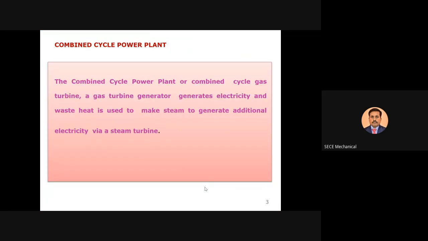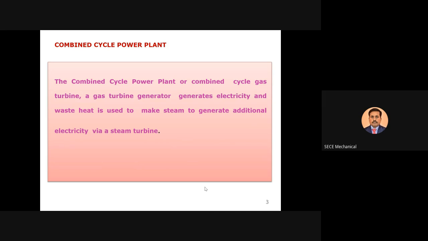You know very well there are two different types of cycle we discussed in the first two units. One cycle is the Rankine cycle, the second one is called the Brayton cycle. The Rankine cycle concept is applied to coal-based or steam-based thermal power plants. The Brayton cycle is applied to the gas turbine power plant.